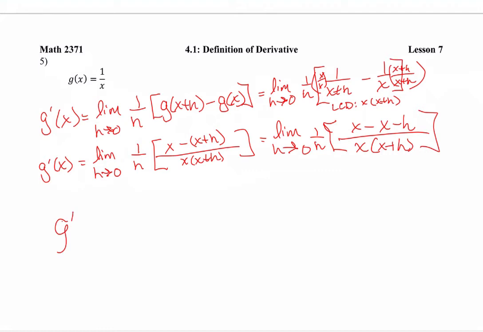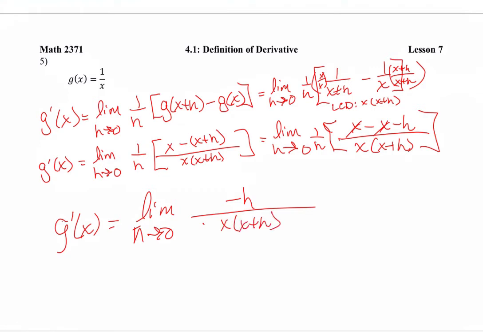So g prime of x equals the limit as h goes to 0 of, my x's will cancel, so I'm left with minus h over x times x plus h here, and I still have my 1 over h out here. This 1 over h will cancel here and leave a negative 1.